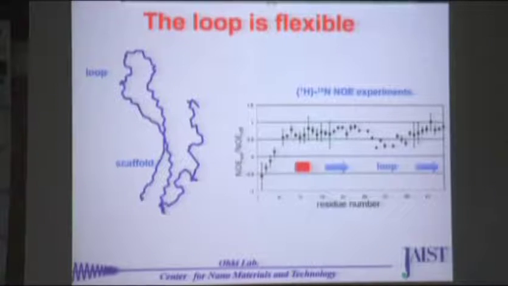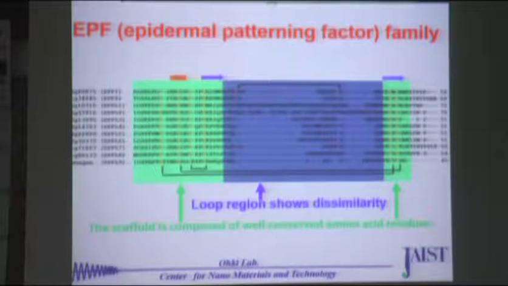so these secondary structure regions are rigid and stable, and the loop region has flexibility. Of course, the N-terminal unstructured region is also unstable. Let's go back to the amino acid alignment of the EPF family, and here is the loop region.